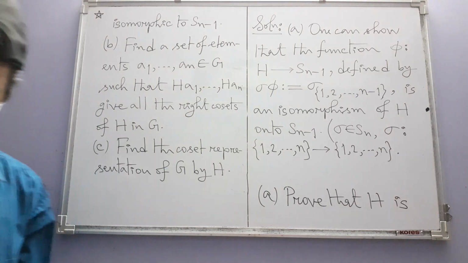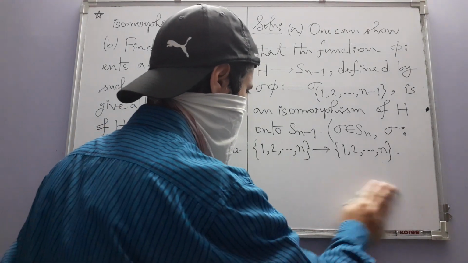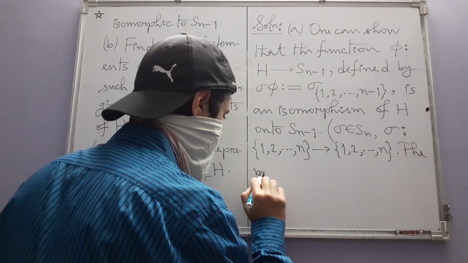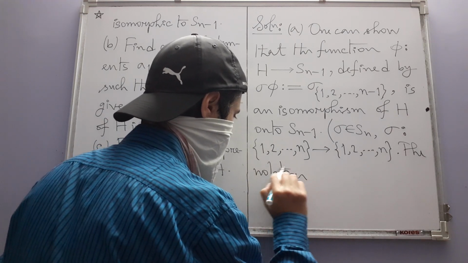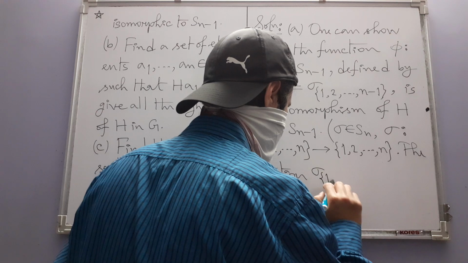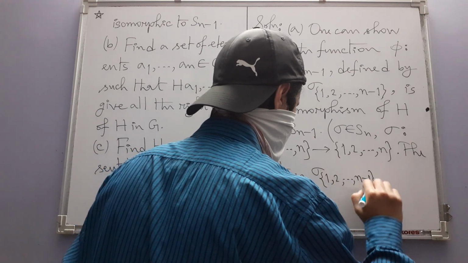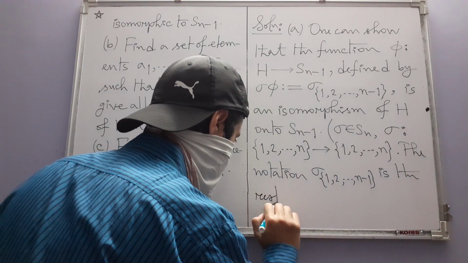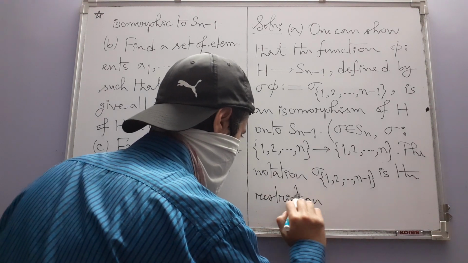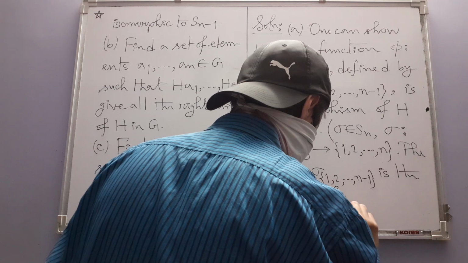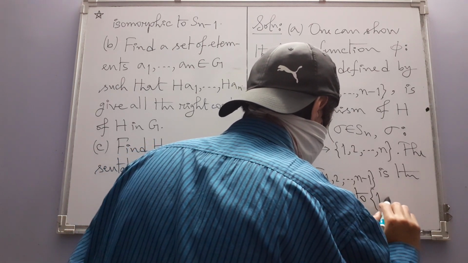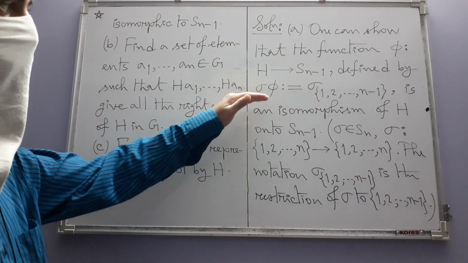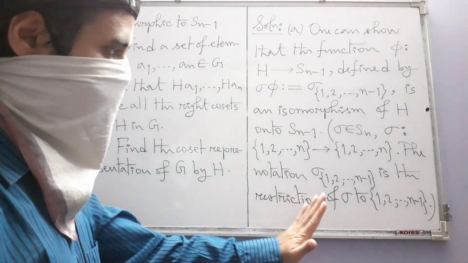So the notation is the restriction of sigma to this subset. So that's just it in part A.